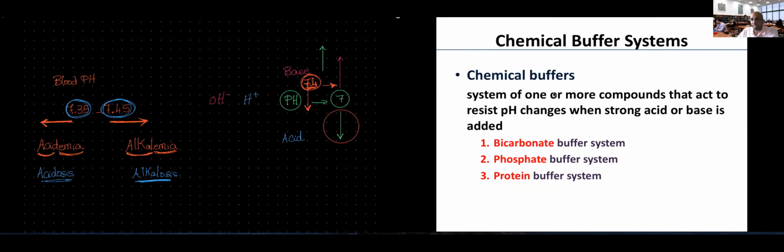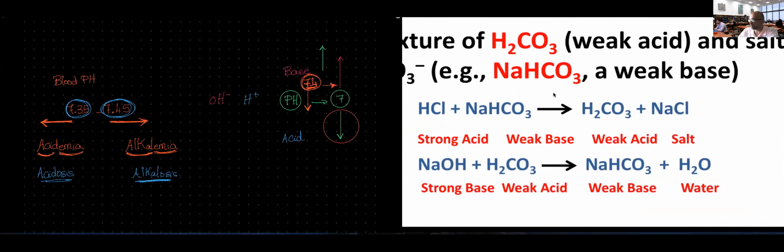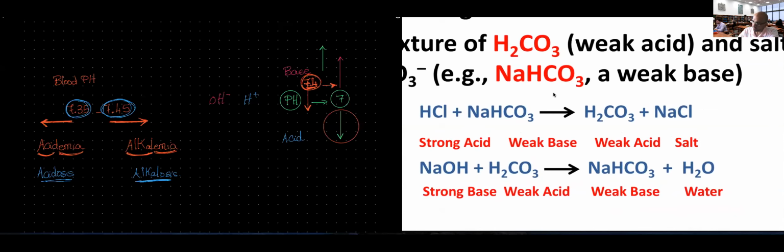Starting with the chemical buffers, I have three types of buffers. I have the bicarbonate buffer system, the phosphate buffer system, and the protein buffer system. What we're focusing on right now is the bicarbonate buffer system, just to give you an impression about how a buffer system works. So if I have something like hydrochloric acid added to my system, in my body I have a weak base ready to respond. This weak base in the bicarbonate system is sodium bicarbonate.